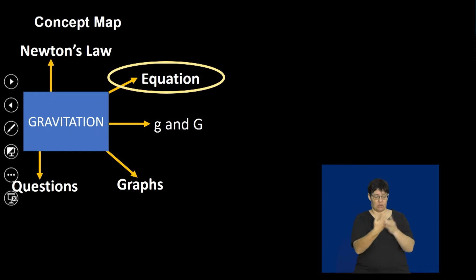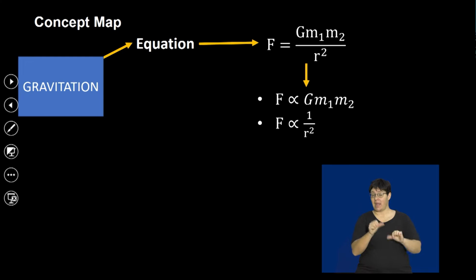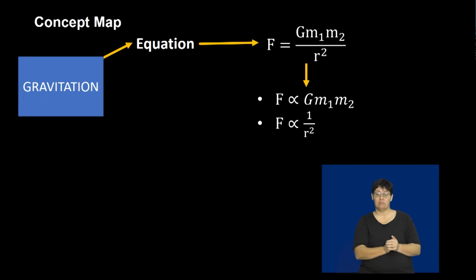So, if we go back to the equation, we have looked at the equation previously, but what I need you to see here is that when I look at the relationship from the equation, we get the equation from the fact that force is directly proportional to m1 and m2 multiplied together, and we can include the constant in that, and it's also inversely proportional to 1 over r squared.